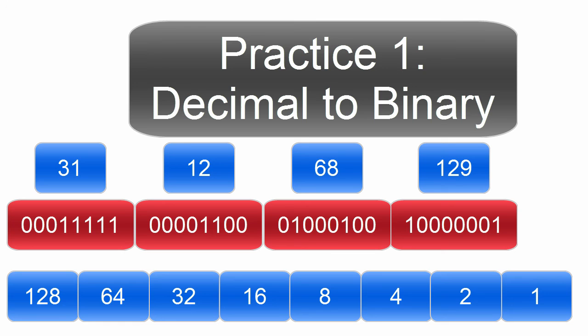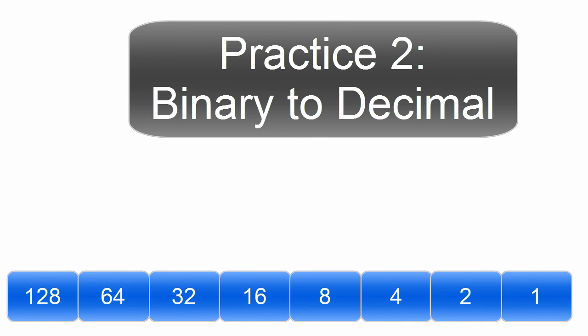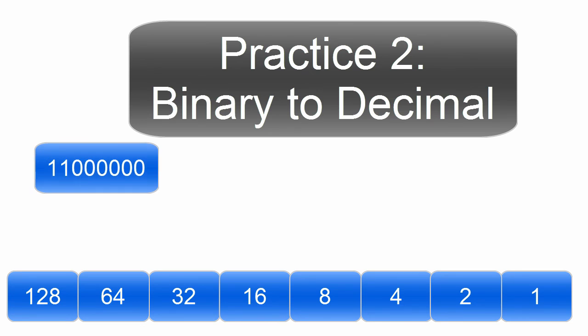So how'd you do? Do you think you're ready for another one? Let's do one more, and for this one I will give you the binary, and I'd like you to convert it back to the decimal. And again, pause the video, work through it, and then unpause and we'll see how you did. So for this last example, the binary, it's again going to be a full IPv4 address. The first octet in binary is 11000000.